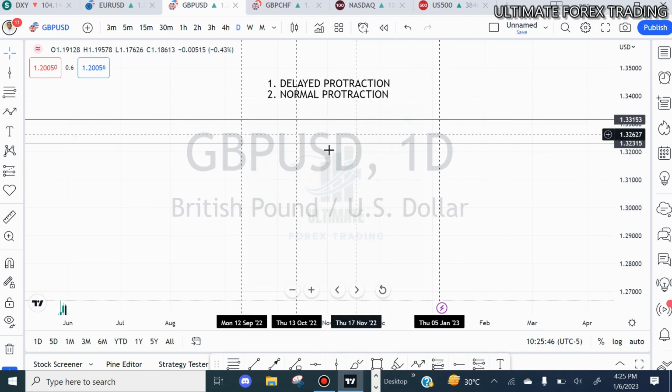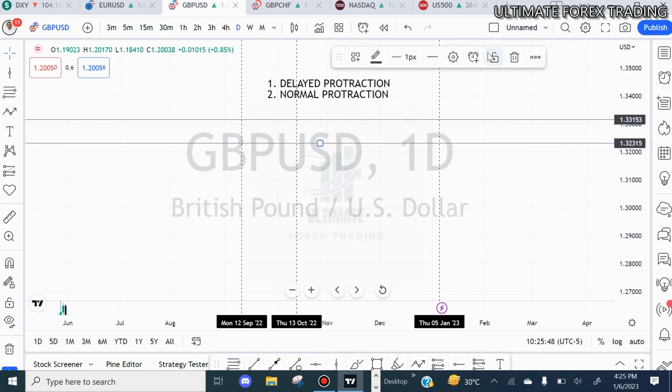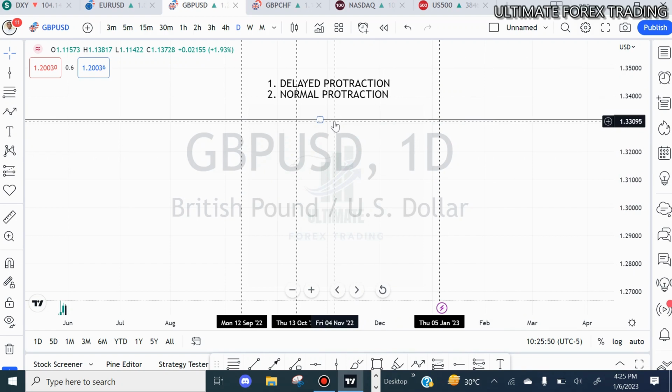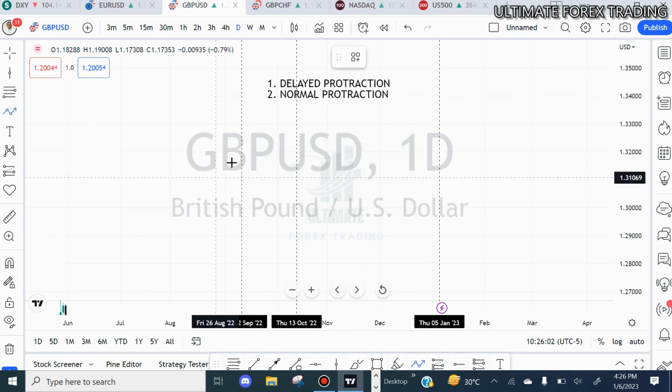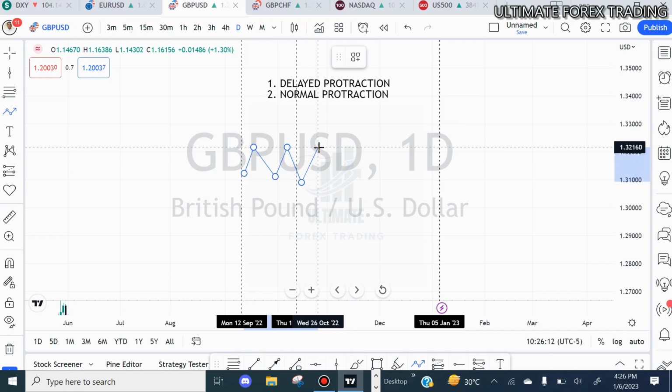But the second one that happens again in this kind of power tree concept is delayed protraction. In delayed protraction, you will most likely see consolidation, and sometimes you will not really see consolidation, right? Sometimes if your direction is bearish, for instance, in delayed protraction, you will not see manipulation in the opposite direction.